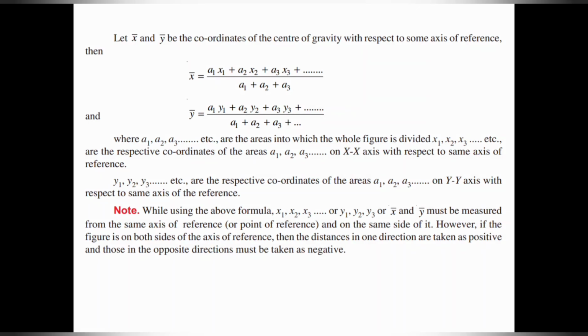Similarly, y bar equals a1y1 plus a2y2 plus a3y3 up to n divided by a1 plus a2 plus a3 up to n. Here a1, a2, a3 represent the areas of different sections, x1, x2, x3 represent the distances of each section from the y-axis, and y1, y2, y3 represent the distances of each section from the x-axis respectively.